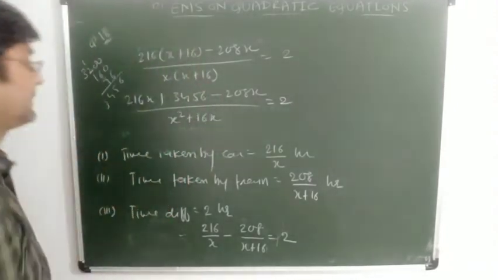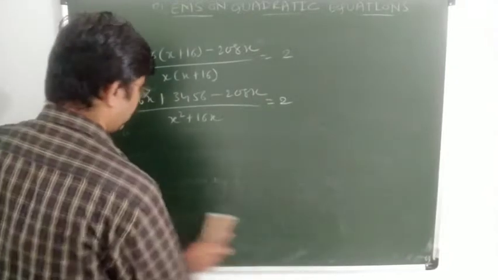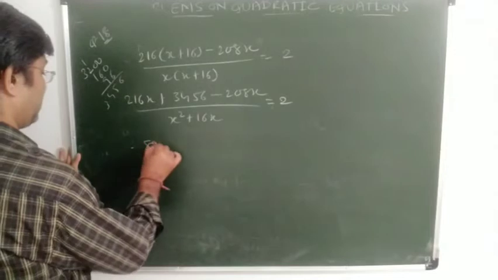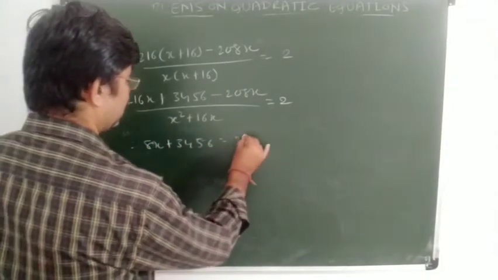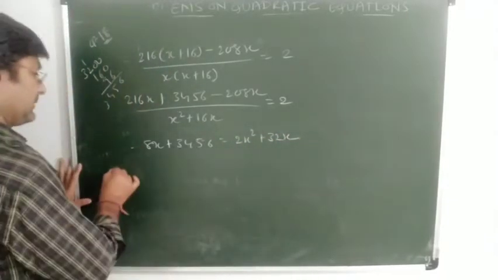Now 216 minus 208 will be 8. So 8x plus 3456 is equal to 2x square plus 32x.